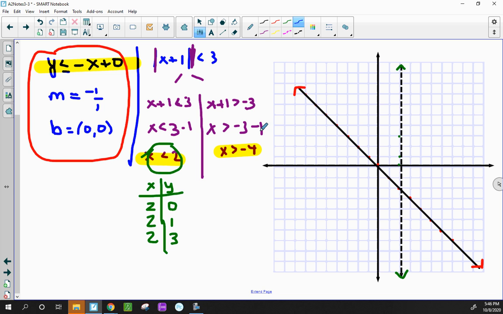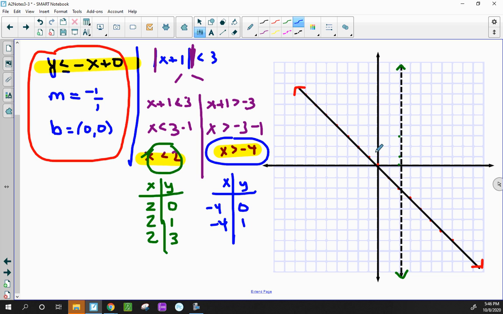Alright, my third inequality that I need to graph is x is greater than negative 4. Again, a table helps to visualize. X is negative 4. Pick your own y values.